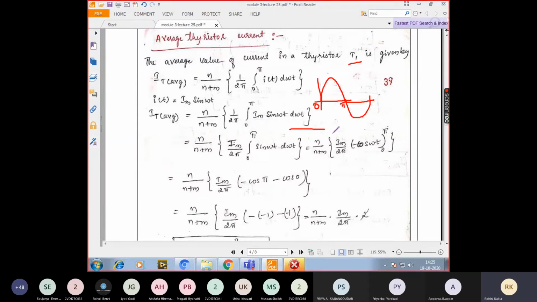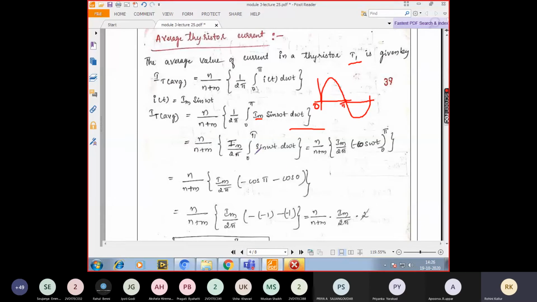Yes, ma'am. Okay, fine. So in this expression, Im is a common one or a constant. So I'll take it out. So this equation becomes Im divided by 2 pi integration from 0 to pi sin omega t d omega t. This remains as it is. Okay.